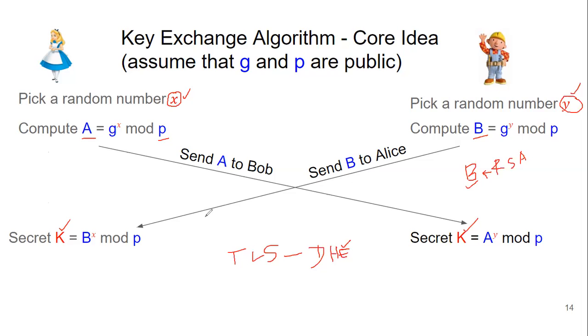So somebody stealing the small x, small y cannot recover past recorded communication because it's changing from one handshake to another. And somebody breaking the RSA digital signature will not be able to decrypt the recorded sessions, because the recorded sessions are all based on different private keys that are generated for each handshake.